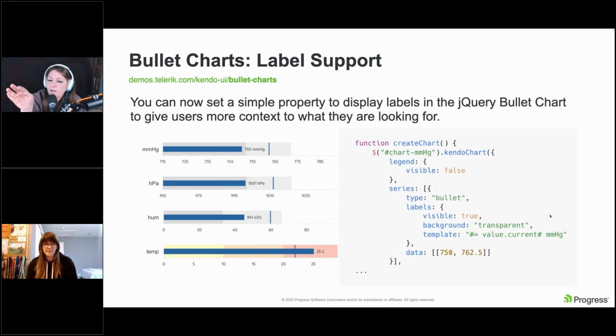You can see in the very middle, it says labels, and then you're giving it an object and you're setting visible to true, the background to transparent. But then for the actual template, you're passing in the value and then a little additional text to the label. So that's where the 750 mmHg comes from, and I don't know if that's supposed to be pronounced like that or if I'm just actually.